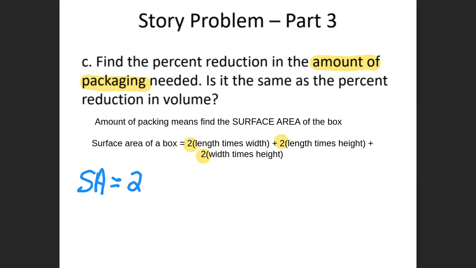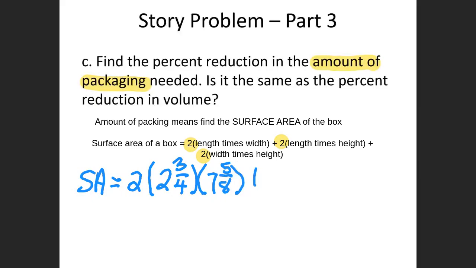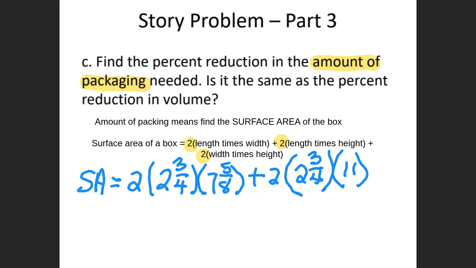Now, I'm going to use 2 times 2 3/4 times 7 5/8. I'm going to add 2 times 2 3/4 times 11.